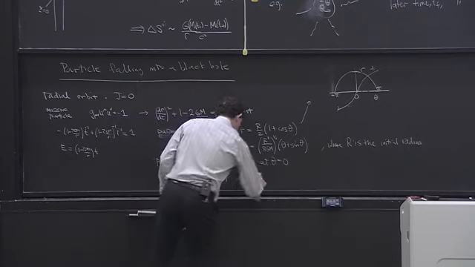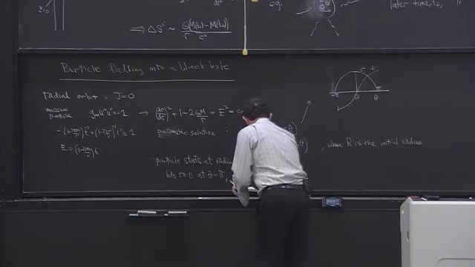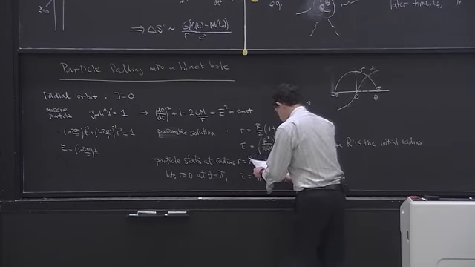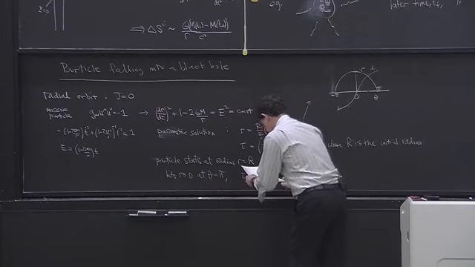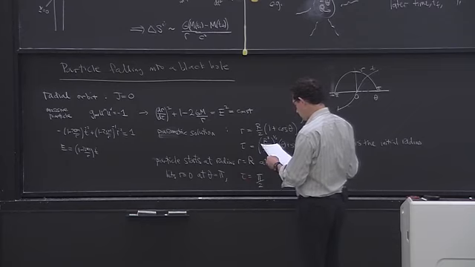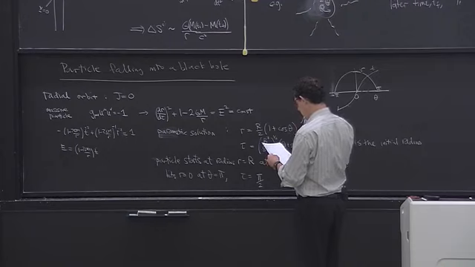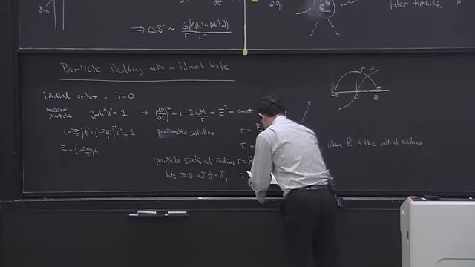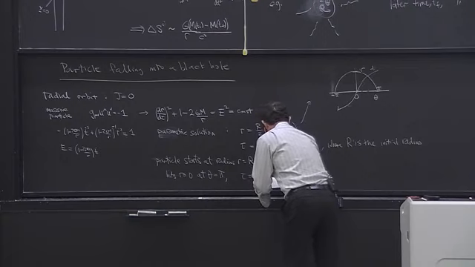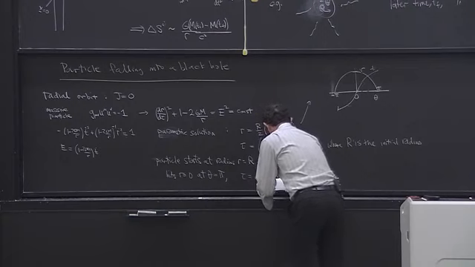And tau is equal to pi over 2 times R cubed over 2GM to the 1/2.